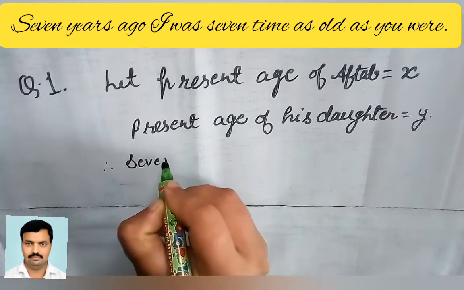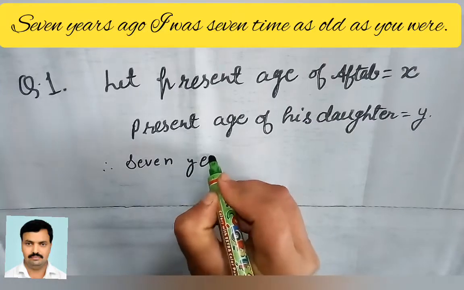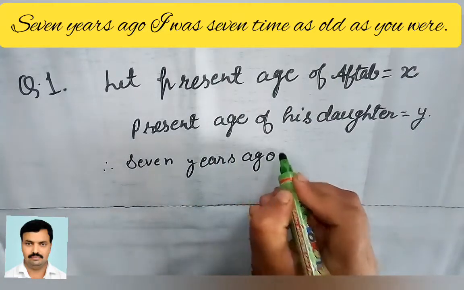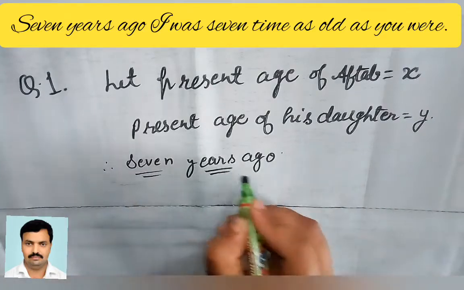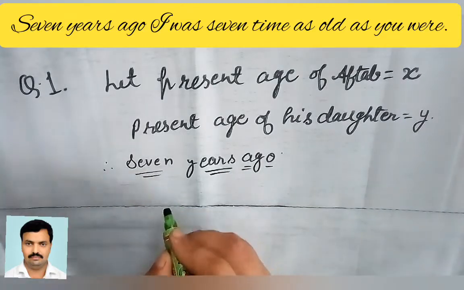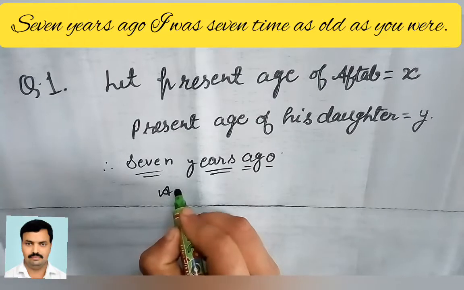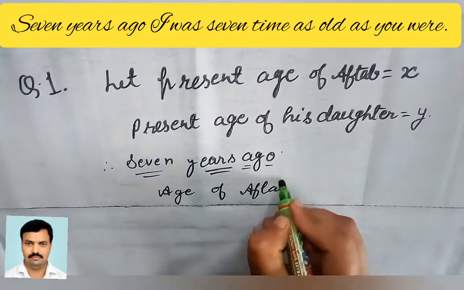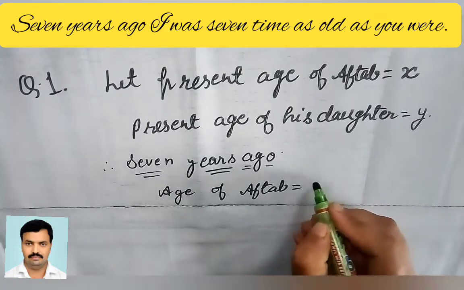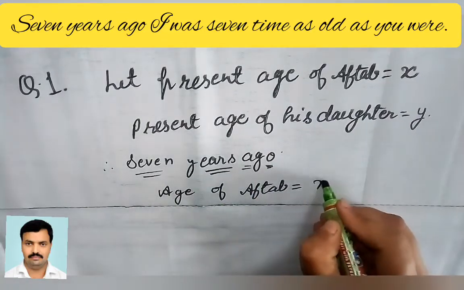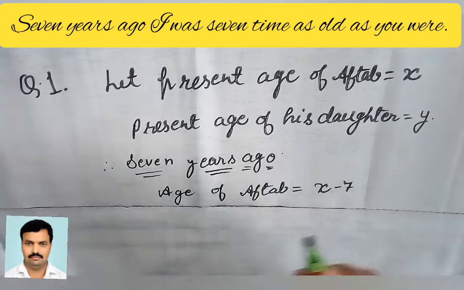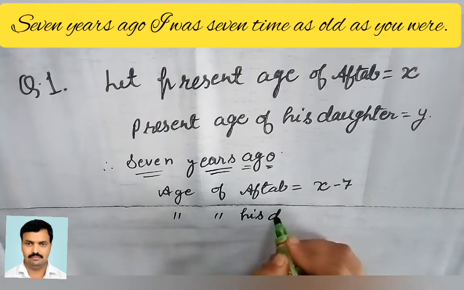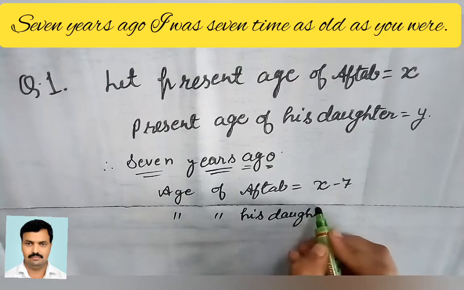So 7 years ago, age of Aftab will be, remember ago means before, so it will be x minus 7, and age of his daughter will be y minus 7.